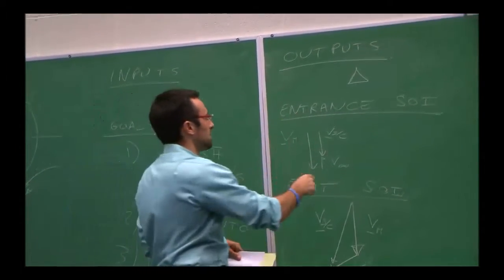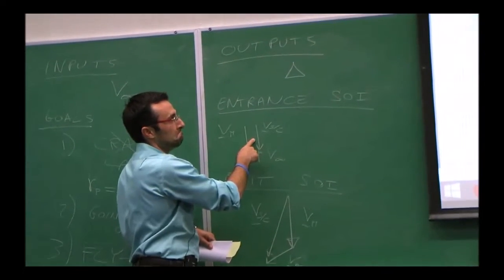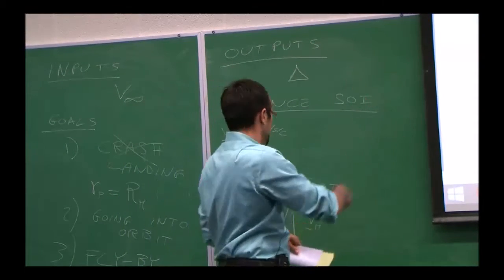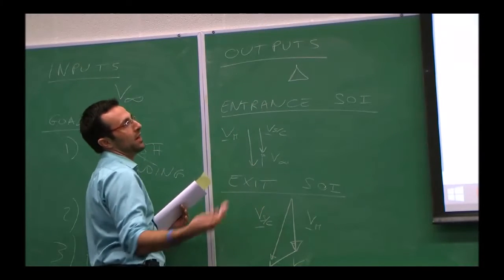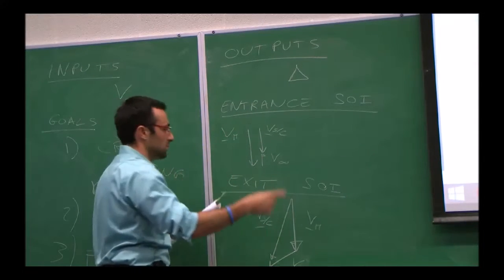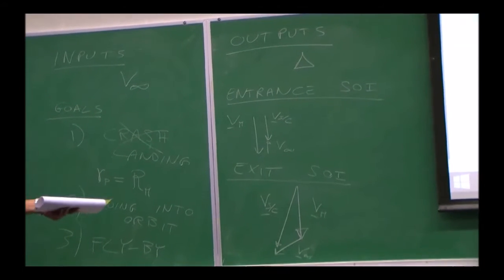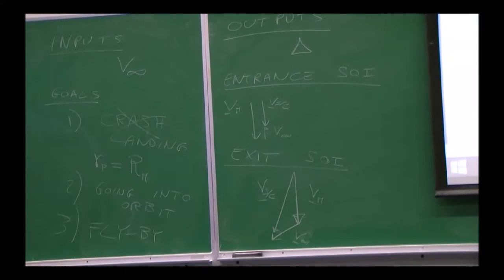You come in with a certain velocity with respect to the Sun. I don't know what this could be, some number. You're coming out with something that is, of course, at an angle now. Who knows where that goes when you go back to the heliocentric trajectory, but it's a higher velocity. That's your delta V. You haven't turned on a single engine to do that.